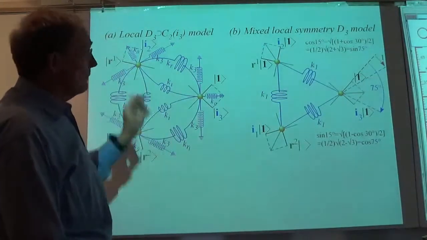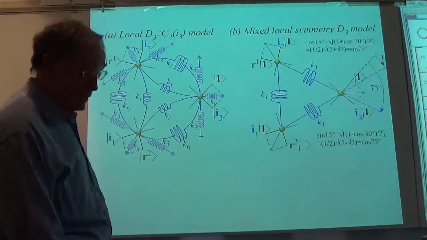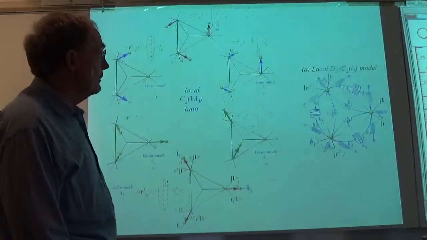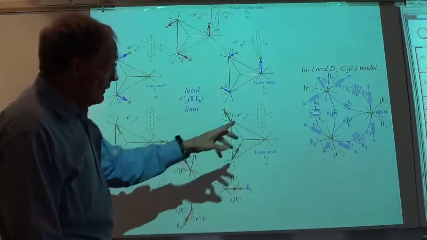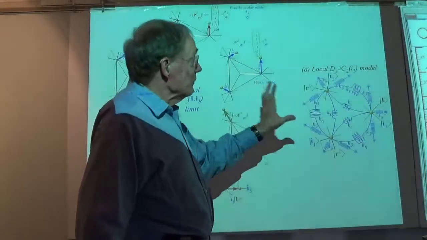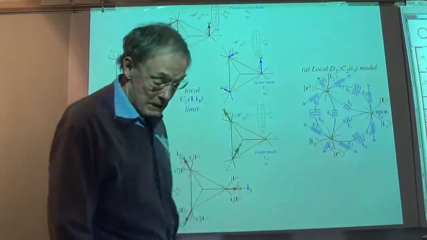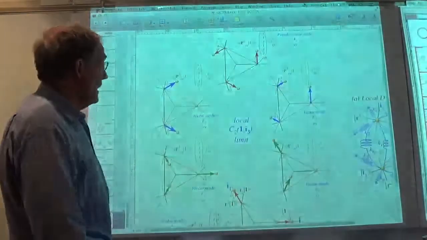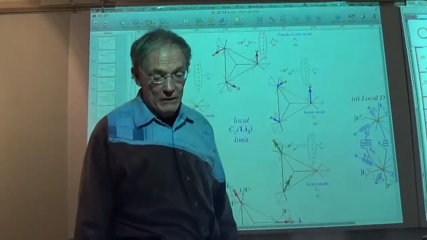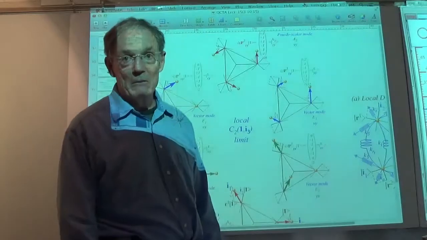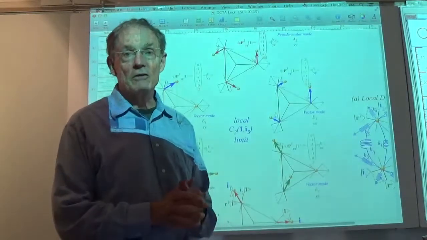This arrangement of springs does respect local symmetry. That gives a very different combination of these modes to satisfy the different local model. This is a very local model for C2. Okay, I'll call it quits there, and if we have a little bit of time left, we can go on to answer questions if there are any.